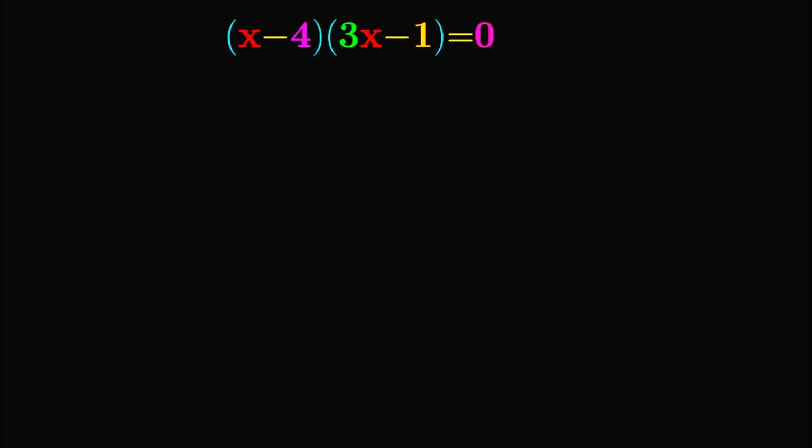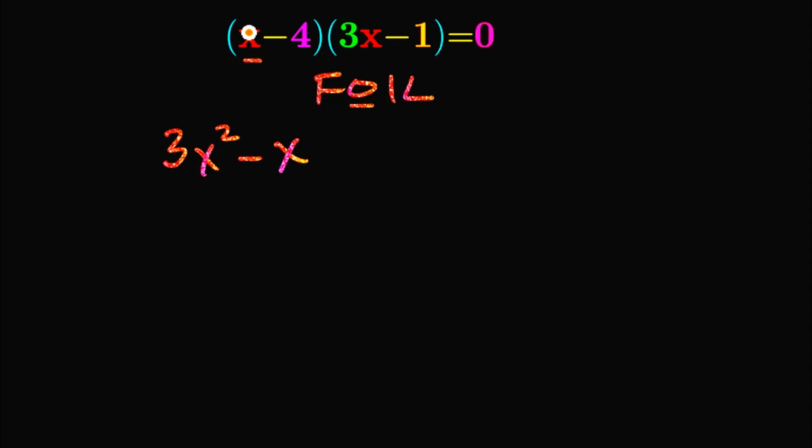At times you're given an equation that is not in standard form, and you're required to describe the nature of its roots. What you do is first simplify it to the form ax squared plus bx plus c is equal to 0. Like in this case, we can use FOIL to open up the brackets. The first terms, x and 3x, give 3x squared. The outer ones, x and negative 1, give negative x.